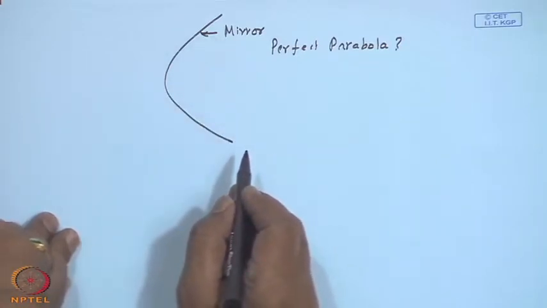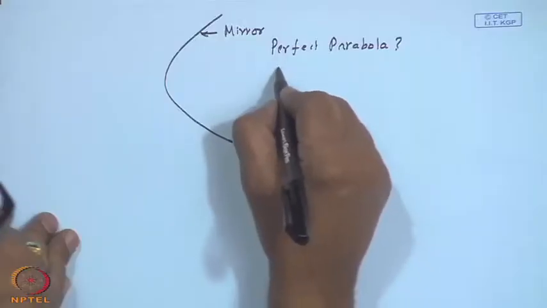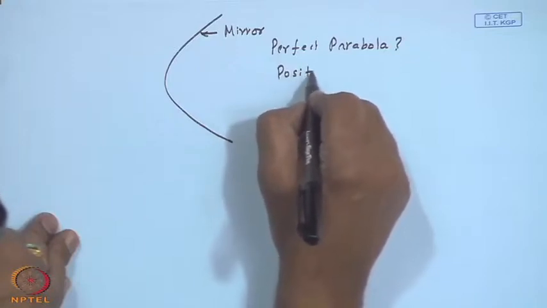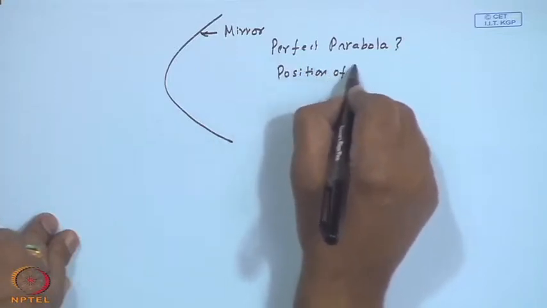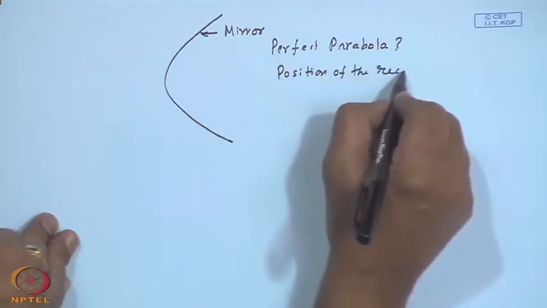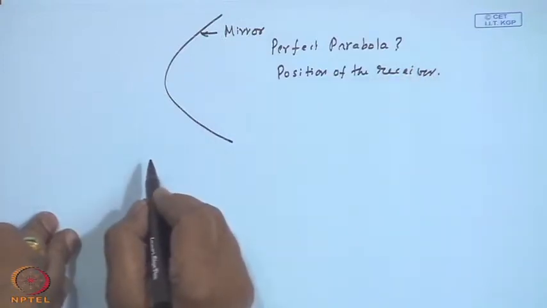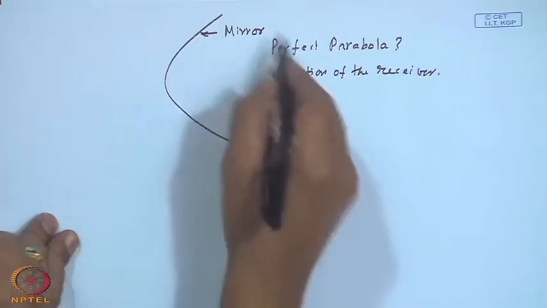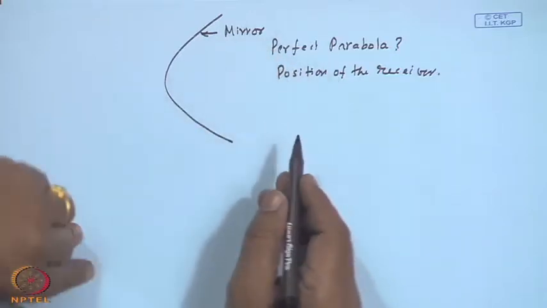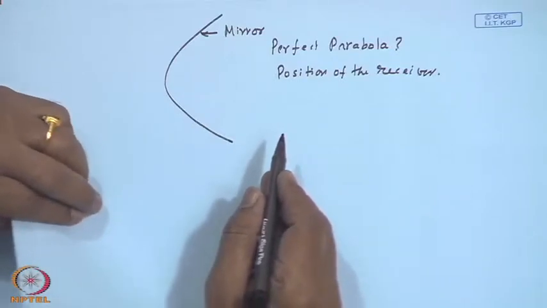So, all the reflected radiation may not be striking the receiver. Then the position of the receiver itself, there may be imperfection, but most of it is due to the tracking not being perfect and this manufacturing of a large reflecting surface may not be following exactly the parabola that optics requires.